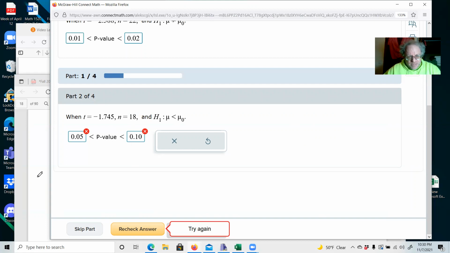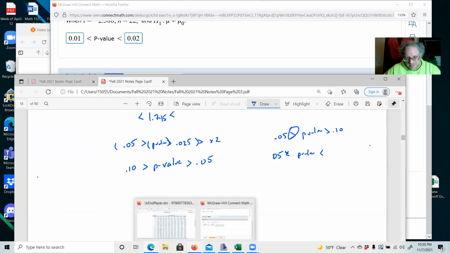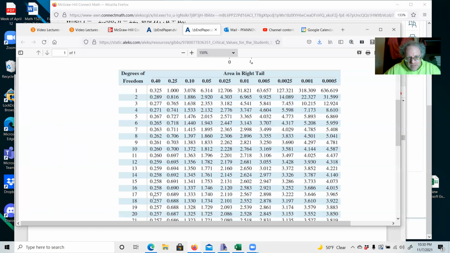N is equal to 17, right? Or N is equal to 18. 18 minus 1 is 17. Oh, it's one-tailed. This isn't a two-tailed test. So we're just going to go with this guy right here. This is going to be a nickel and 2.5 cents. I was making it harder than it was.